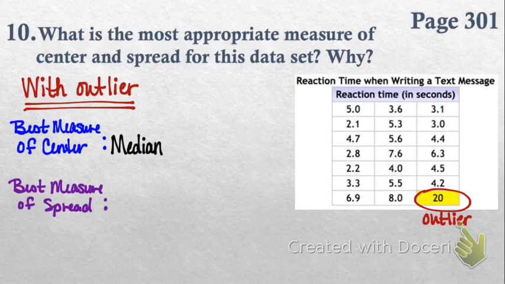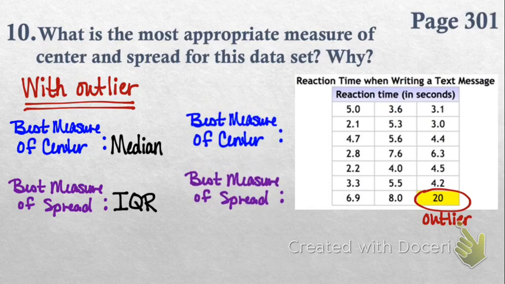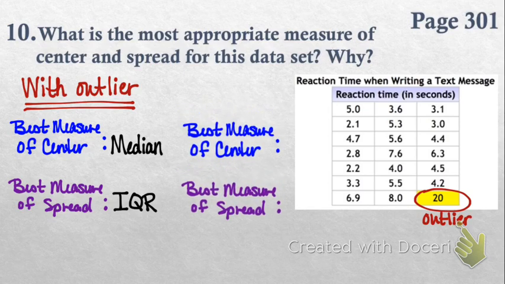And if we're going to use the median as our measure of center, because we have an outlier, what should we use as our measure of spread? The IQR. All right. What about without the outlier?